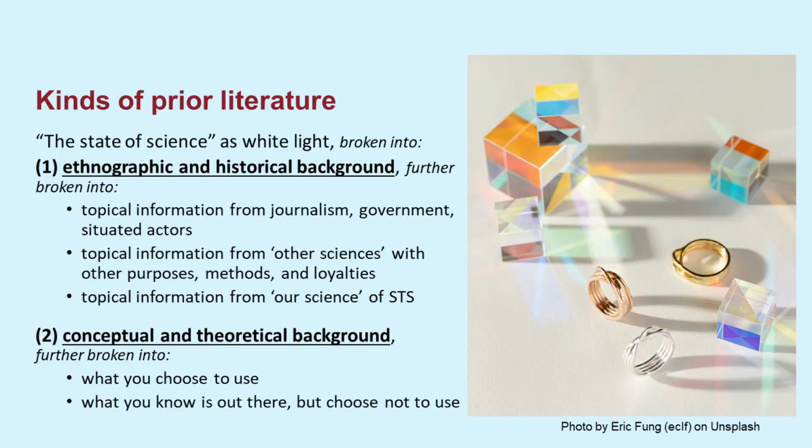So what we're doing now is you can think of the state of science that you're supposed to be reviewing as white light that you can break into its colors while trying to figure out what information to put where in the written output of your work. My proposition to you is literature review sections actually perform two tasks. These two tasks can be your guide point for how to judge what you find and what to do with it.